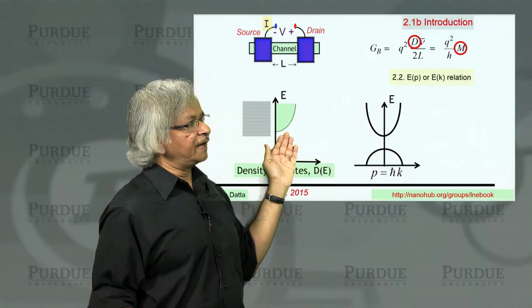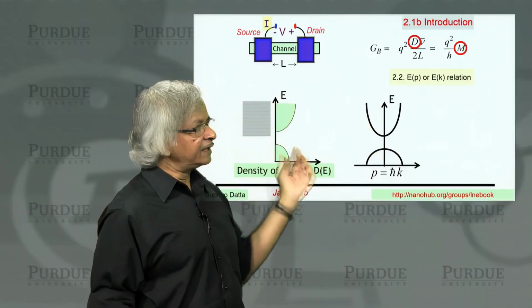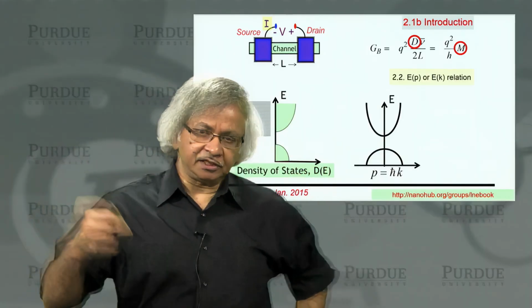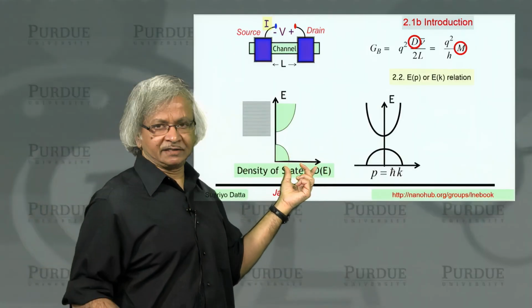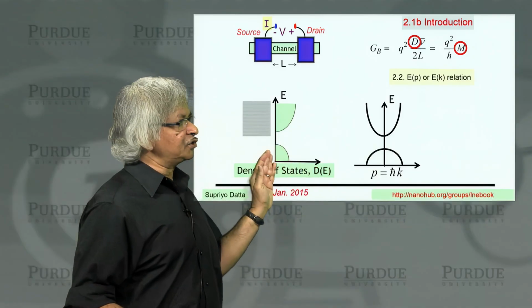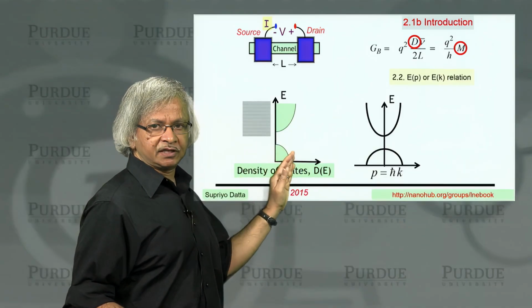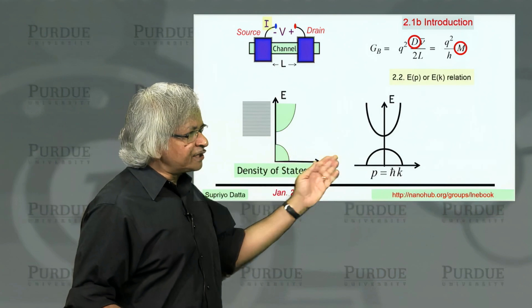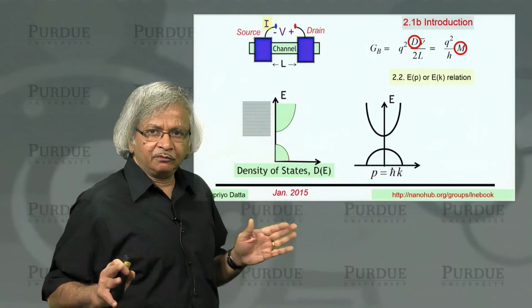Whereas here what we have is energy, and this axis is the density of states, the number of states per unit energy, which of course has to be positive. And so there is no negative side to this graph. It's all on this side. Superficially they look kind of similar, but they are very different, you see.